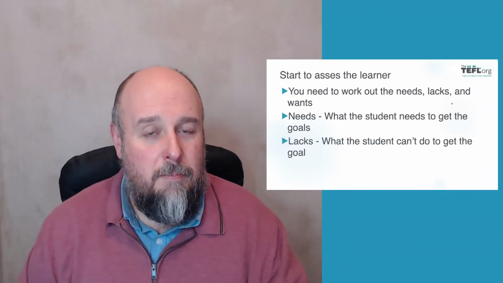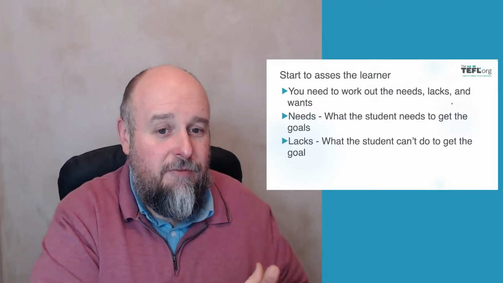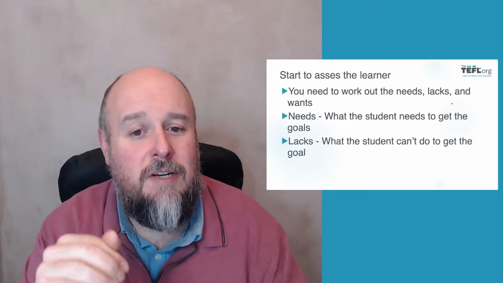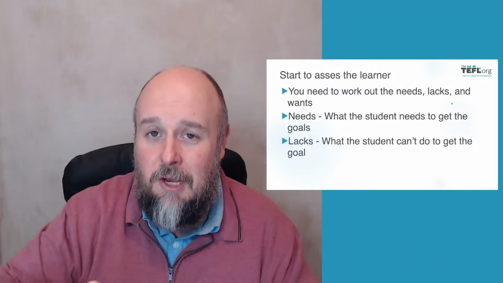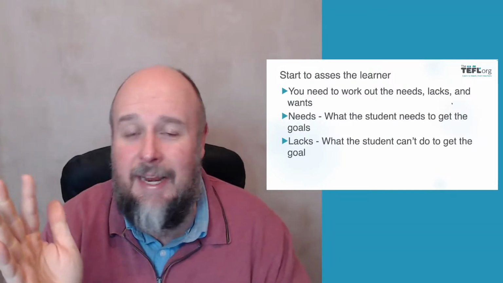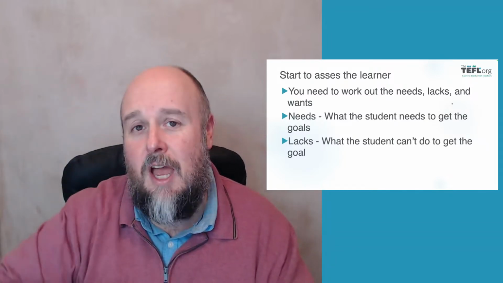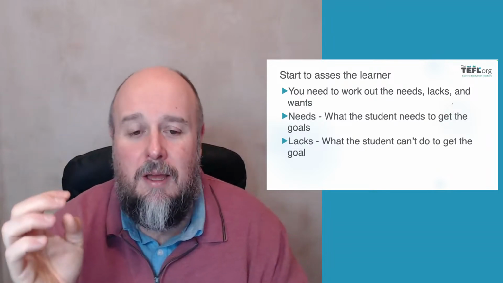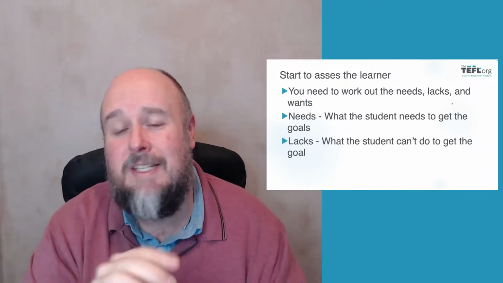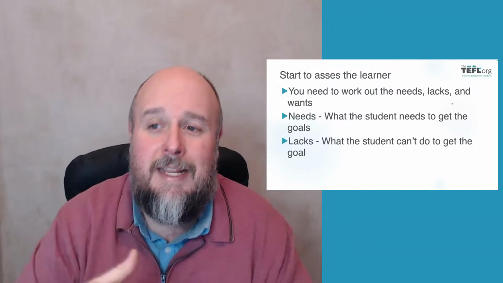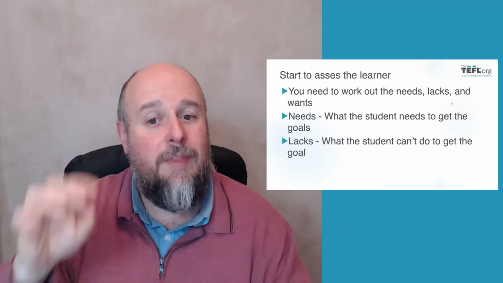Okay. But this is different from lacks. This is what the student can't do at the moment to get to the goal. Basically, why are they coming to you? Now, with the Cambridge English, they might have really good writing, for example, but they can't get the speaking because their punctuation is bad, because their grammatical speaking is bad. This is what they lack.